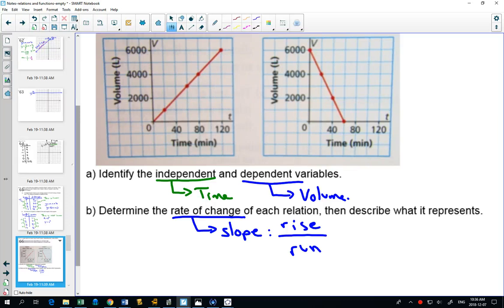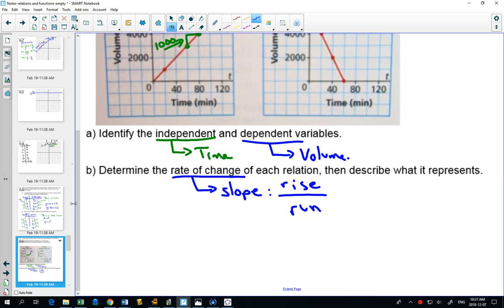So if I go from this point to this point, I'm going to go up this amount and over this amount. My rise goes from 3,000 to 4,000 would be 1,000. My run goes from 60 to 80 would be 20.